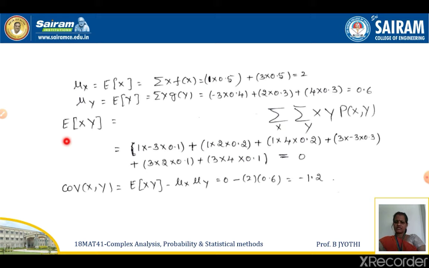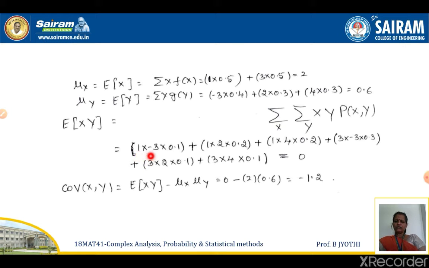Similarly, E of xy is given by the sum over x and y of x into y into p of xy. So it is 1 into minus 3 into 0.1, plus 1 into 2 into 0.2. Let me explain the first part so that it will be clearer.